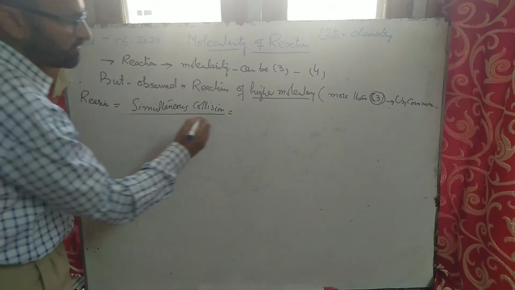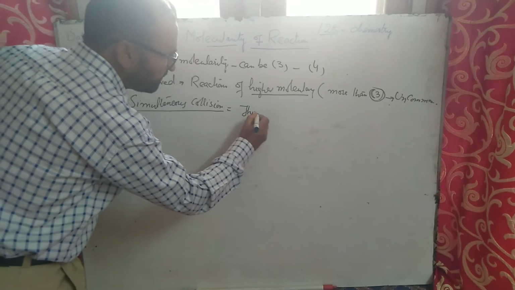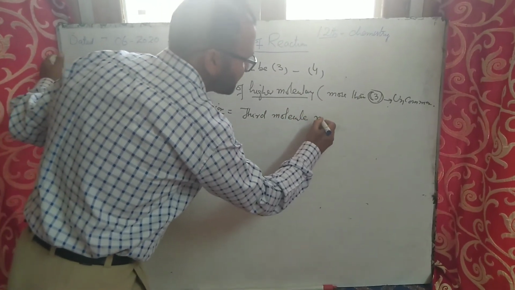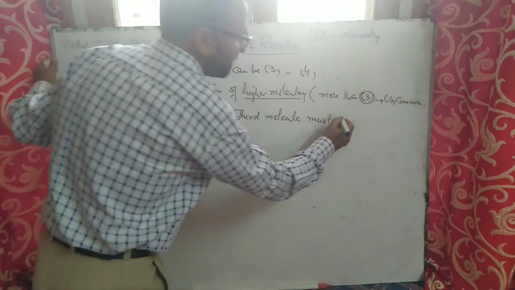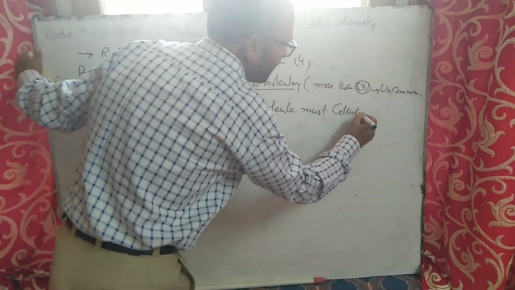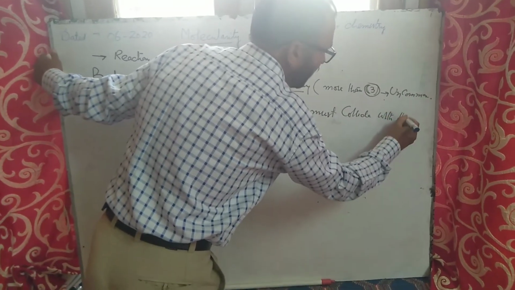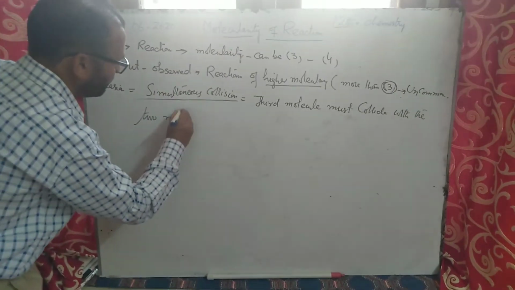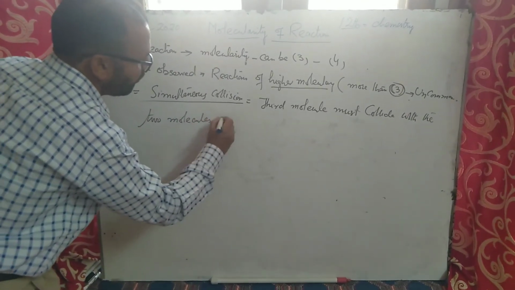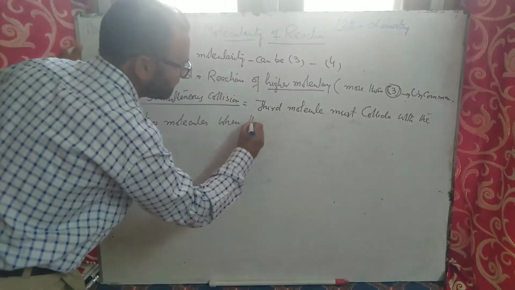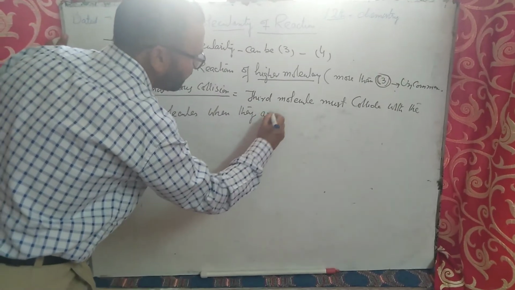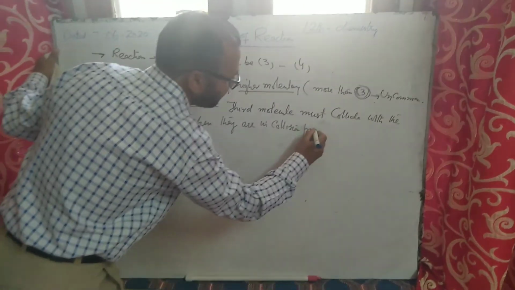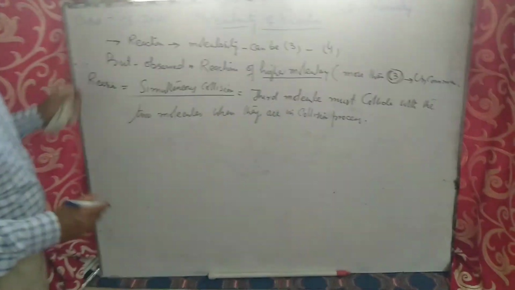Simultaneous collision means that the third molecule must collide with the two molecules when they are in the collision process. This is the meaning of simultaneous collision.